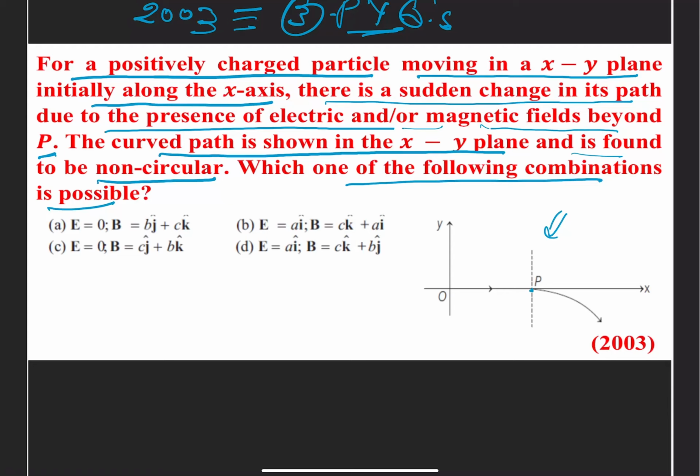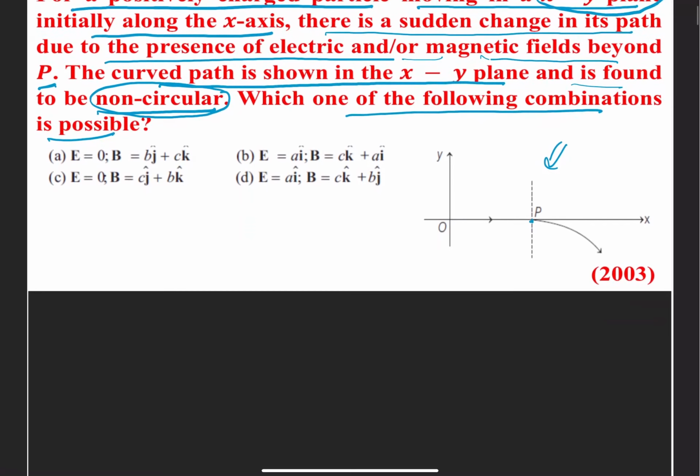Initially it is in a straight line, and here it is important to consider that this curved path is non-circular. And second thing, that it is moving in xy plane. So if it is only moving in xy plane, then there won't be any net force along the z direction, that is k unit vector.